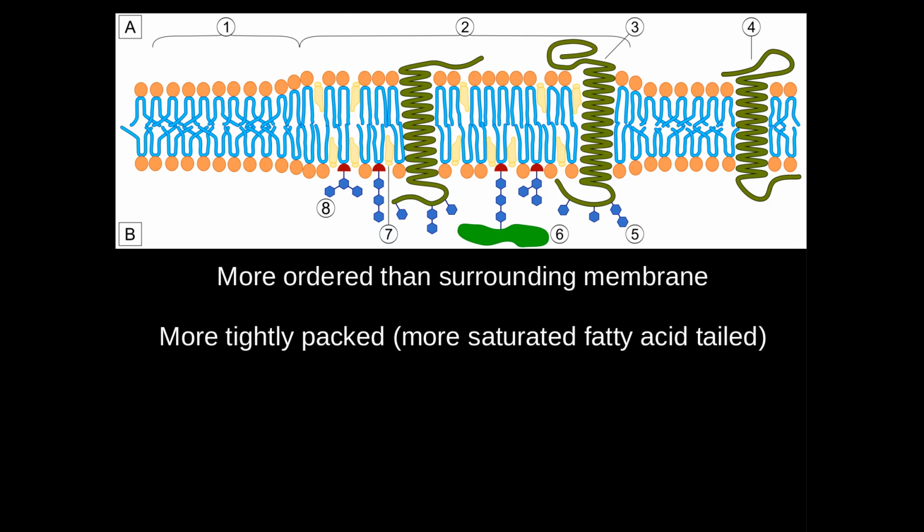They also tend to be more tightly packed than the surrounding membrane. What happens is that you get more saturated fatty acid tails in the lipid raft than you do outside the lipid raft. You tend to have more unsaturated fatty acids outside of the lipid rafts, which means that the raft itself becomes more tightly packed than the membrane around it.